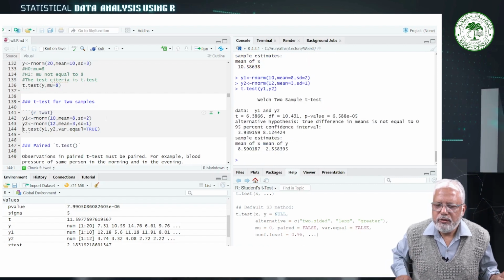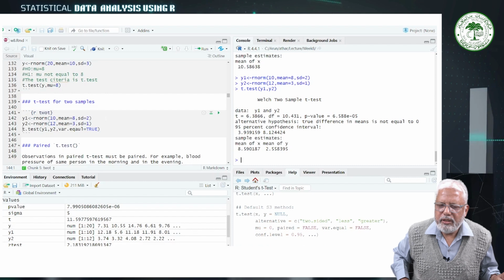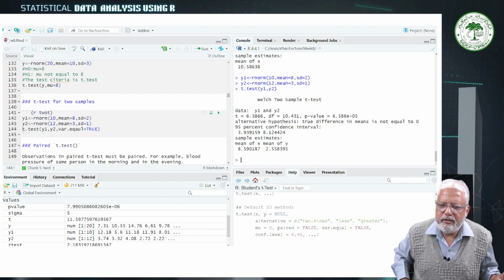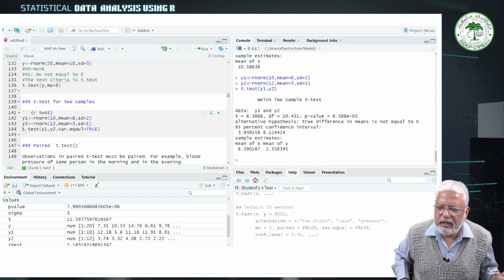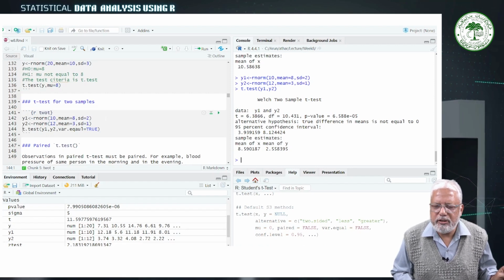This is the Welch test, because here we have not given var.equal equal to false. So this is a kind of approximate test. The Welch test is an approximate test.